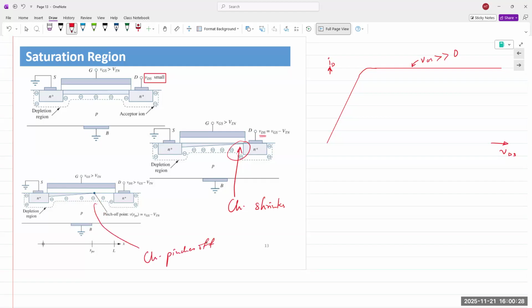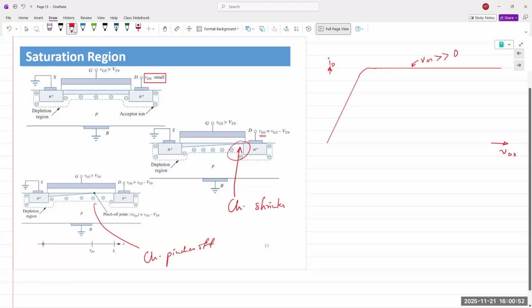Channel pinches off. Okay. Similar to the FET, we would expect that if it's completely pinched off, then there would be no more current flow through it. But that's not actually what happens. There's still a small amount of gap left in there. But there is a high voltage differential between the two ends, so electrons will drift through that gap.